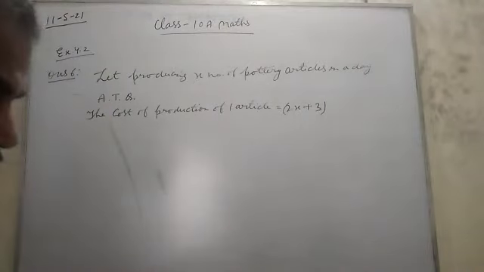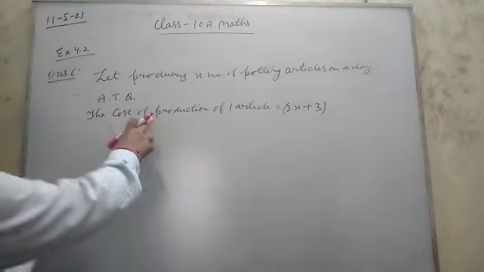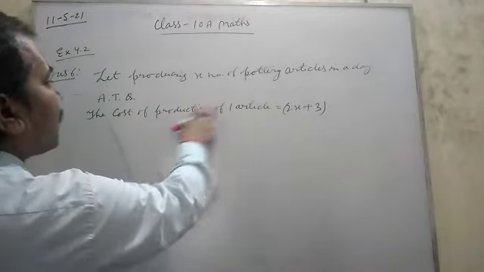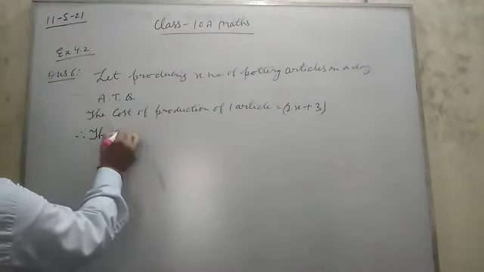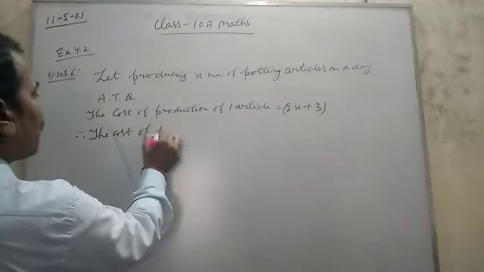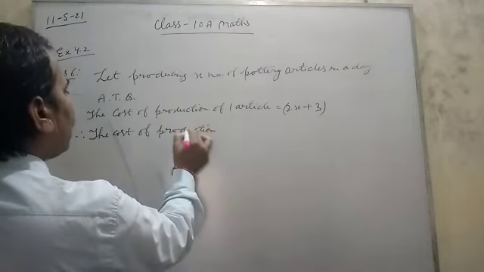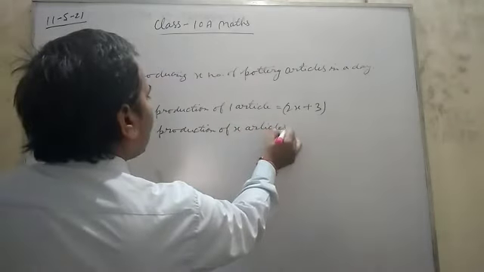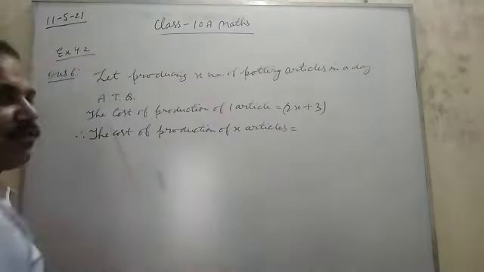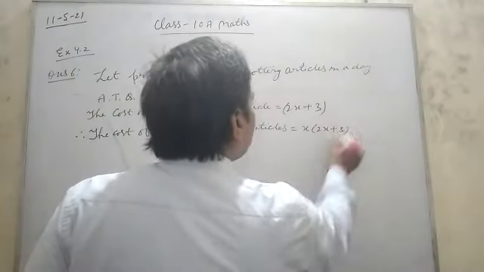Okay. If the total cost of production on that day was rupees 90, so this is the cost of production of one article. So therefore, cost of production of x articles: one article 2x plus 3, so x articles x into (2x plus 3).